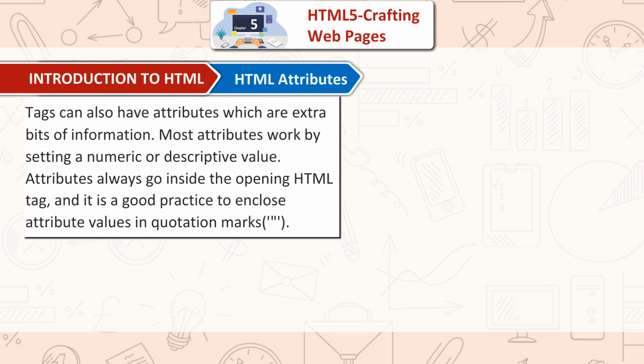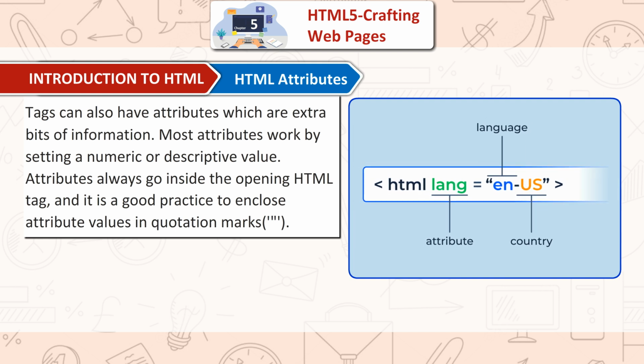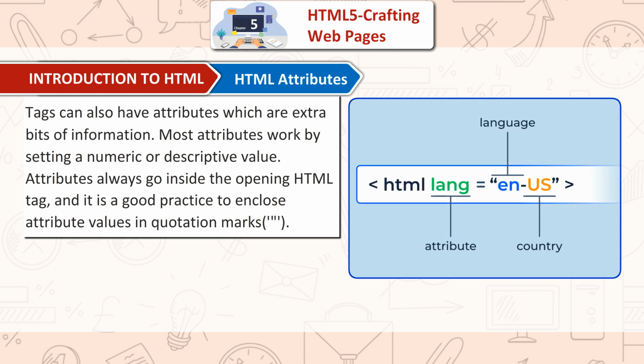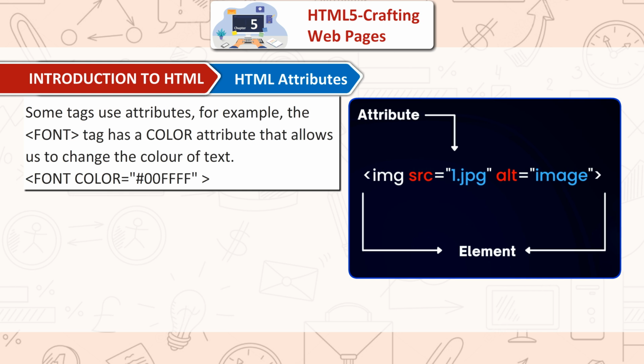HTML attributes. Tags can also have attributes which are extra bits of information. Most attributes work by setting a numeric or descriptive value. Attributes always go inside the opening HTML tag, and it is a good practice to enclose attribute values in quotation marks. Some tags use attributes.